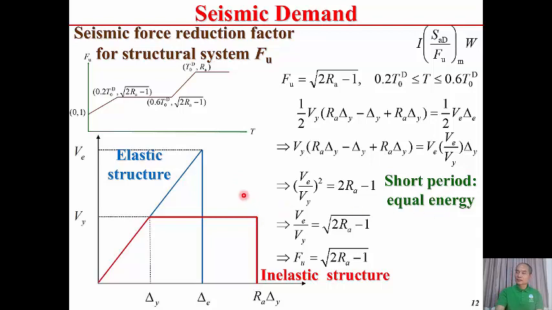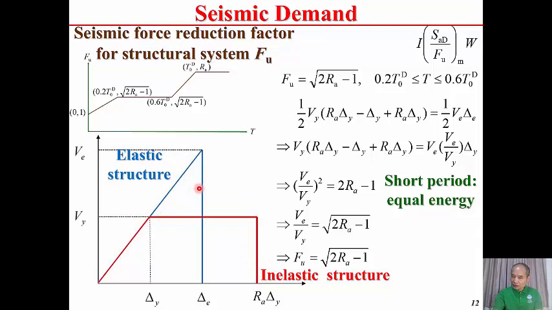Given two structures, one elastic and one inelastic, under the criterion of equal energy, the energy possessed by the elastic structure is the same as the energy possessed by the inelastic structure. For the elastic structure, VE is the seismic force and delta E is the maximum displacement under earthquake. For the inelastic structure, the maximum seismic force is Vy, and the maximum displacement is Ra times delta Y.